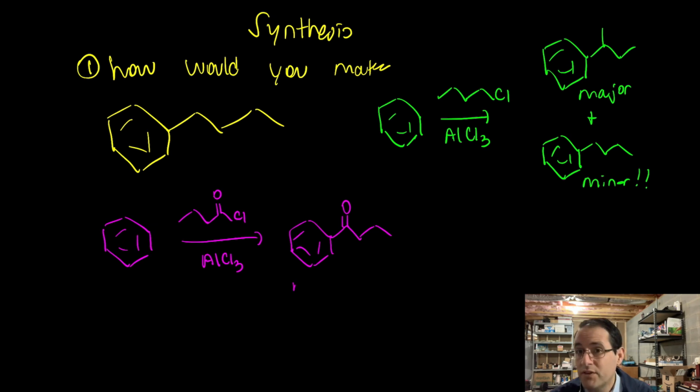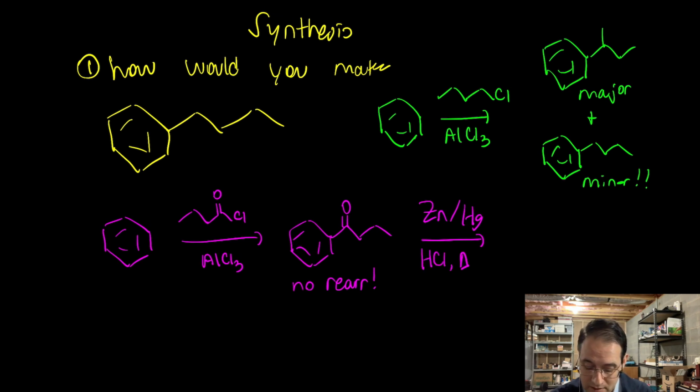And remember that there's no rearrangement, so that means that's the only product I have. And then I could do this Clemmensen reduction with zinc and mercury amalgam, hydrochloric acid and heat to give me the straight butyl chain attached to the aromatic ring, and that would be the only product. So that would have a much higher chance of success.